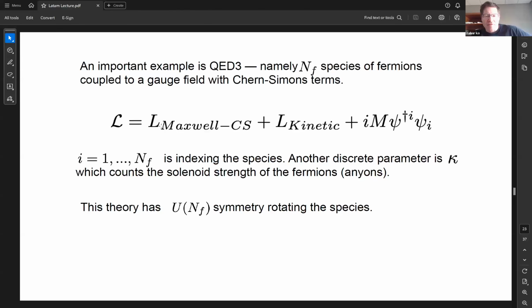So I'll have fundamental fermions that became anyons because the Chern-Simons term makes them carry magnetic flux. And so in my theory, in QED3, the anyons did not come out of the blue. I pretty much put them in by hand. And when the anyons are very heavy, that reduces to our discussion in the first half of the lecture. But we're going to try to investigate what happens when the anyons are light. Any more questions?